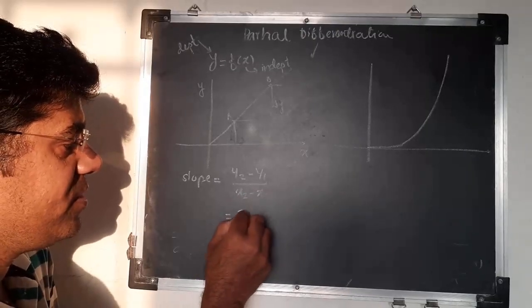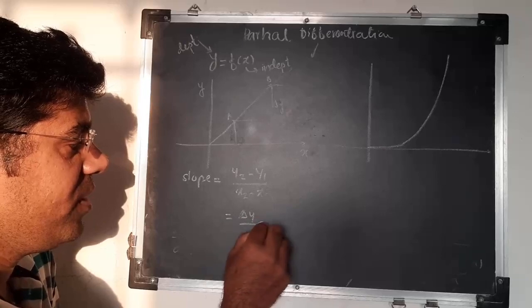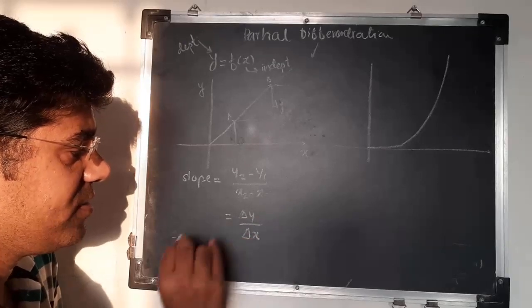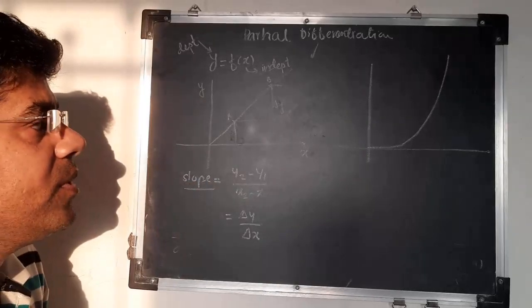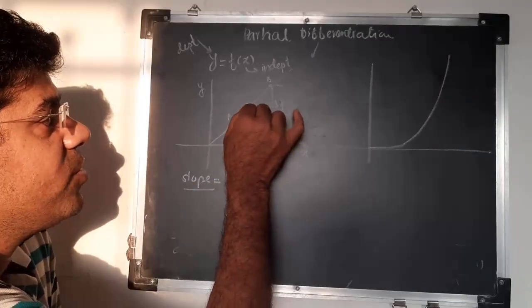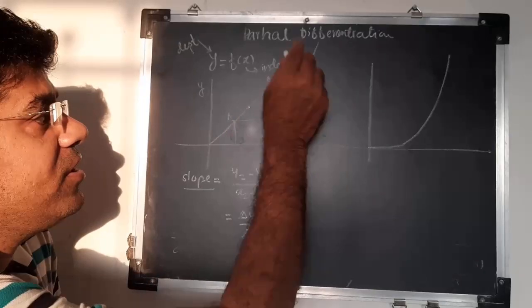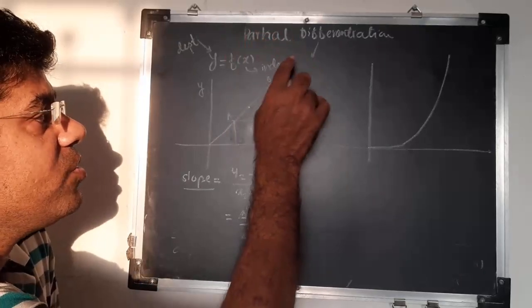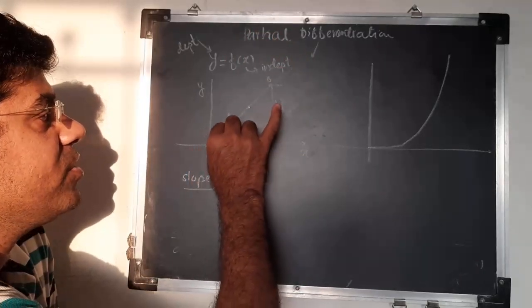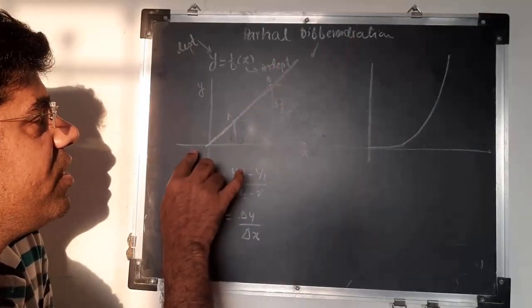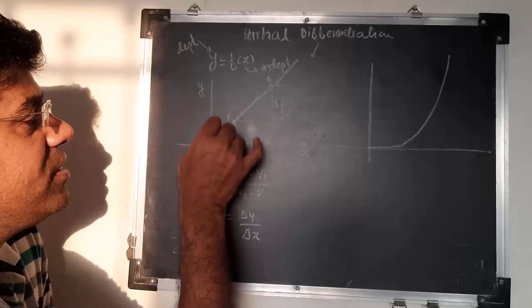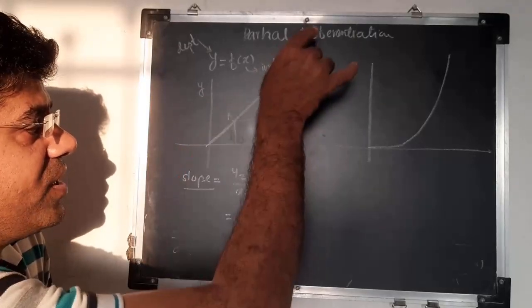So you can write that is nothing but delta y upon delta x, and that will denote your slope. But suppose I choose a different point here and here, so you will get the slope of this particular line, because once your x is changed, your y is also similarly changed, and this is your line, okay.